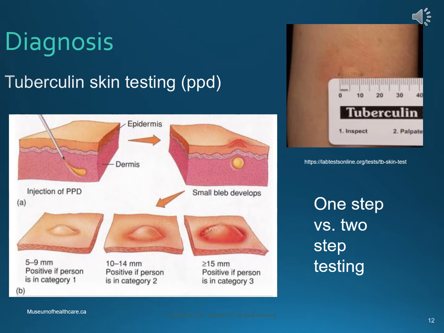But before I get there, I want to talk about one-step testing versus two-step testing. TB is interesting. It has what we call an amnestic immunity, amnesia, forgetting.